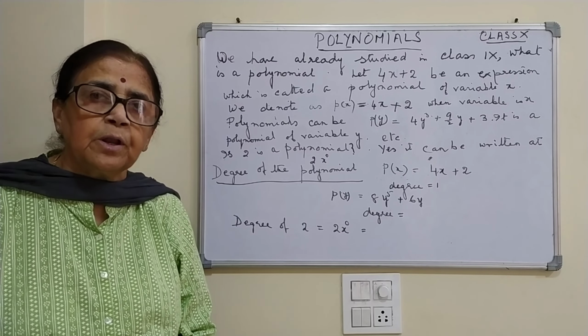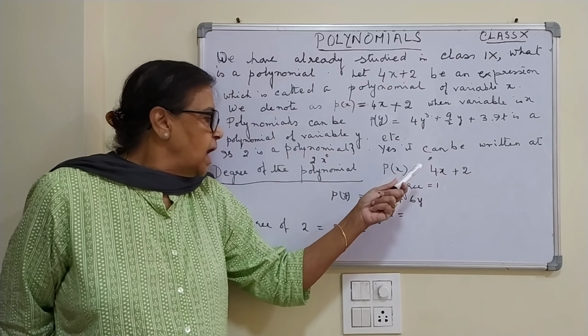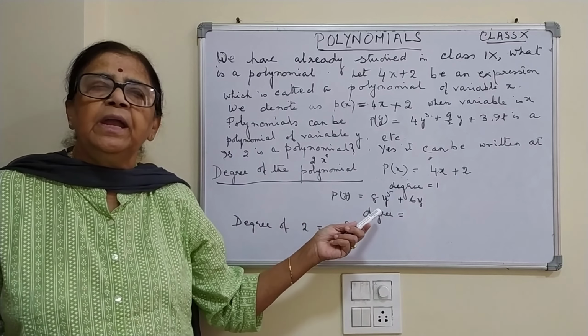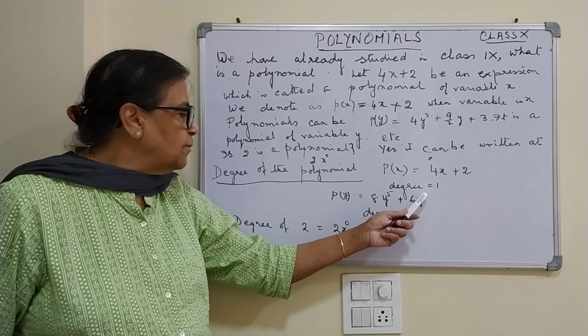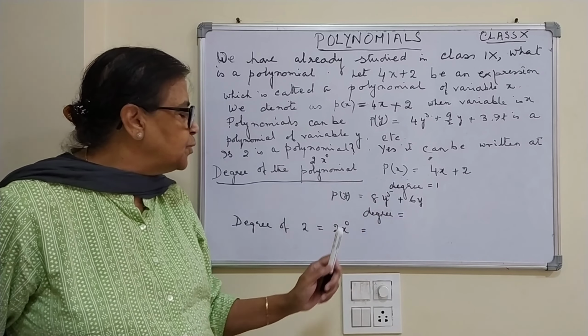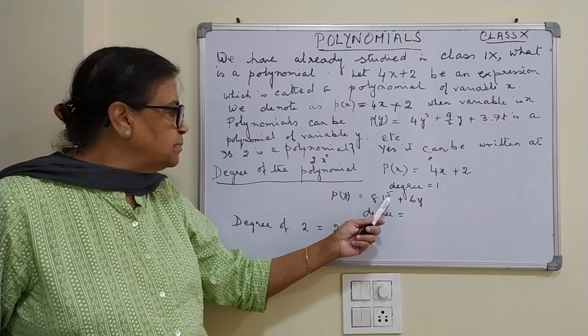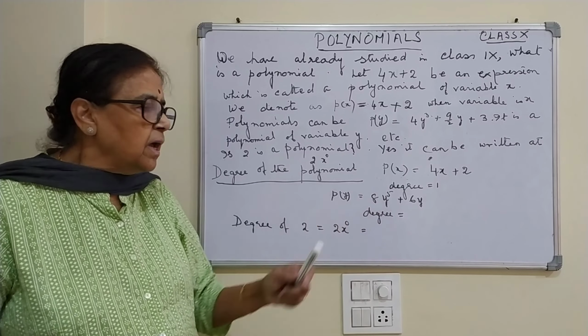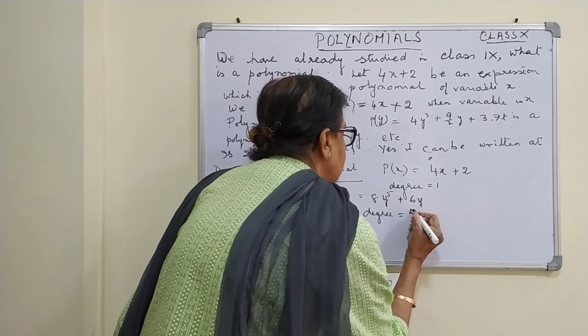Here highest power is only 1, so degree is 1. Again, p of y is equal to 8y raised to the power 5 plus 6y. Here we have got degree 1 also, 5 also, but the maximum degree is 5. So the degree of the polynomial is 5.